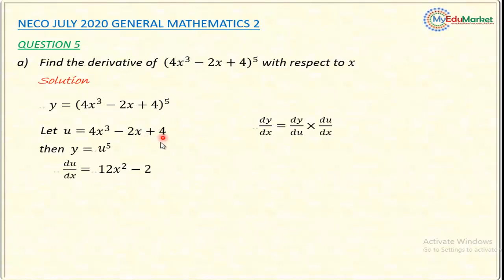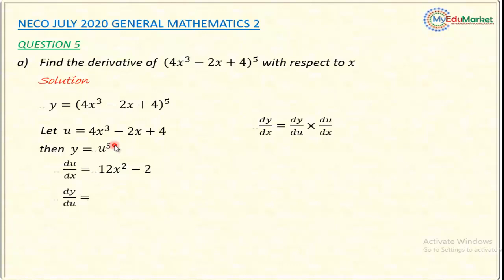So I continue. I will now find the dy du. This is the function y in terms of u. So for dy du, I'm finding the derivative of y with respect to u. This power 5 will multiply the coefficient here, which is 1. So 5 times 1 is 5, and the power 5 reduced by 1 becomes power 4.